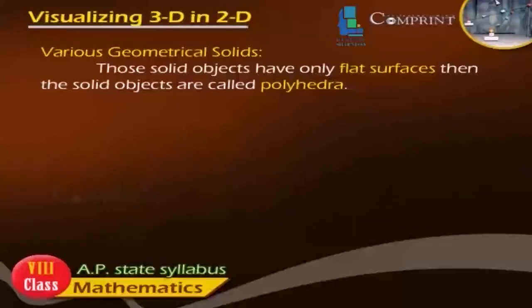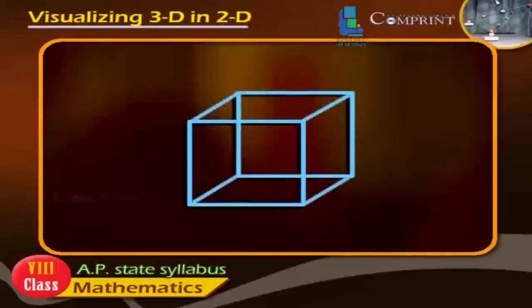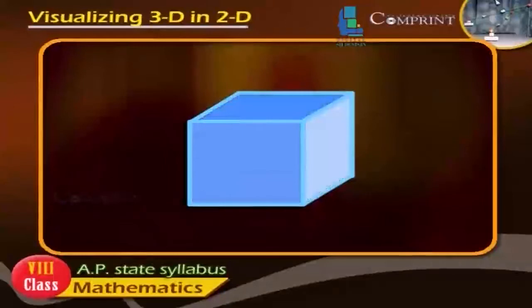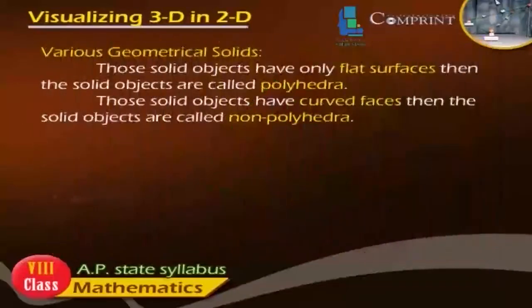If solid objects have only flat surfaces, then they are called polyhedra. If solid objects have curved faces, then they are called non-polyhedra.